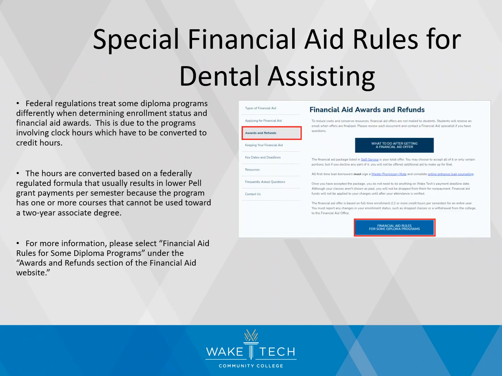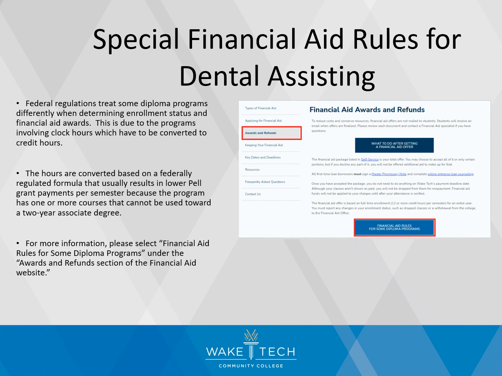If you are receiving or applying for financial aid, please make note of the following. This is a special financial aid rule for dental assisting. Federal regulations treat some diploma programs differently when determining enrollment status in financial aid awards. This is due to the programs involving clock hours, which have to be converted to credit hours. The hours are converted based on a federally regulated formula that usually results in lower Pell Grant payments per semester because the program has 1 or more courses that cannot be used toward a 2-year associate's degree.